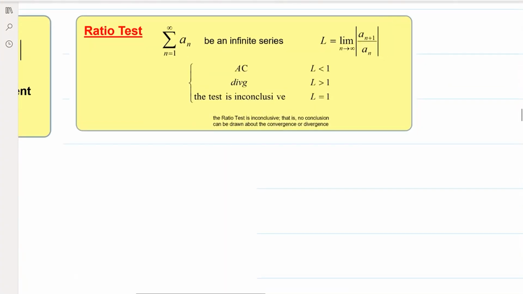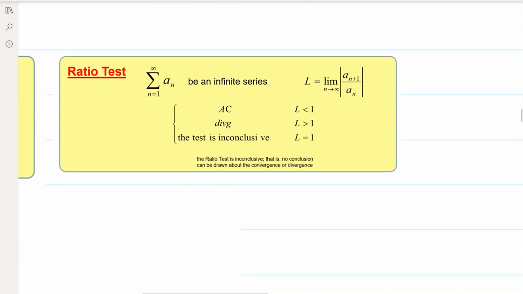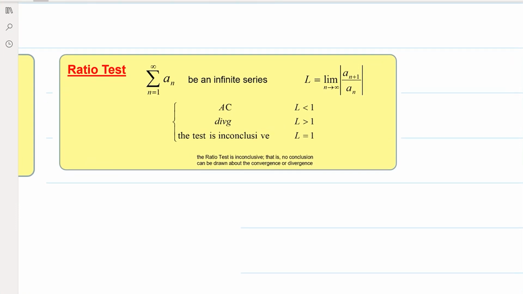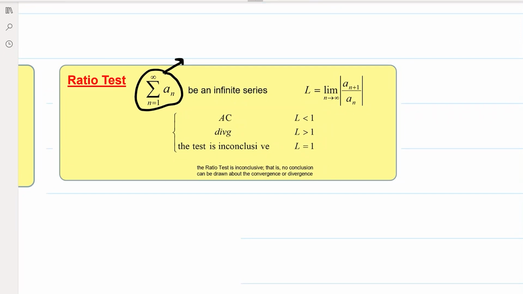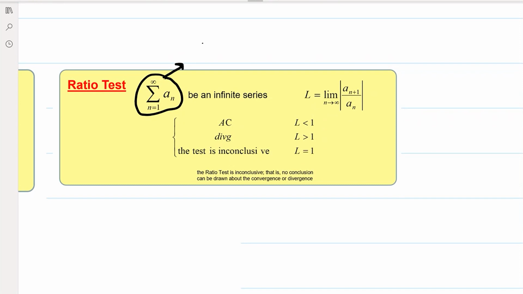Okay. There is something also called the ratio test. What is the ratio test? The ratio test suggests that if you have this series and you need to find if it's converged or not, you just take the limit as n goes to infinity of a_(n+1) over a_n.